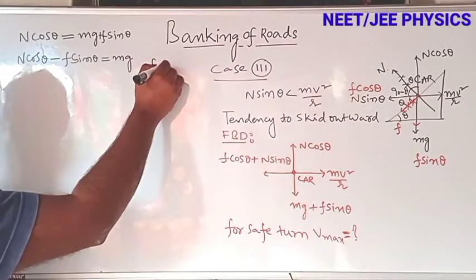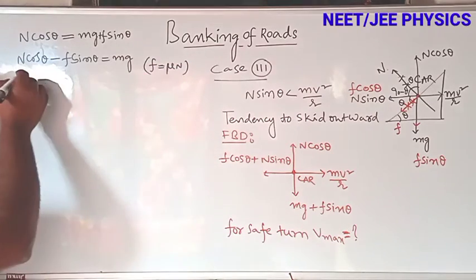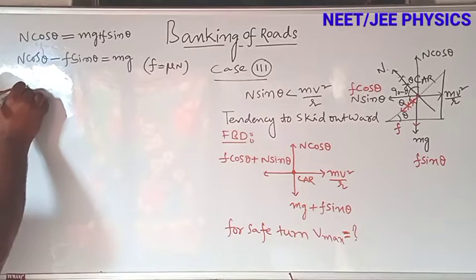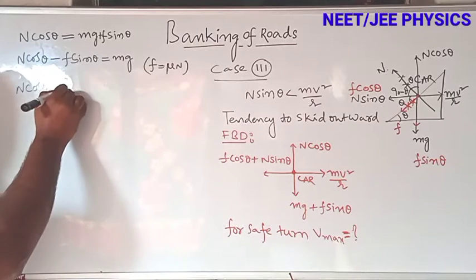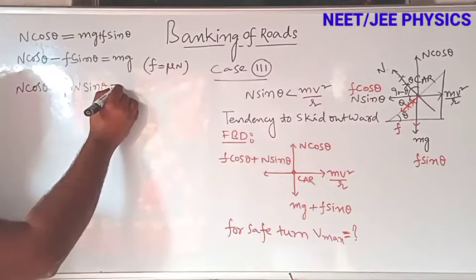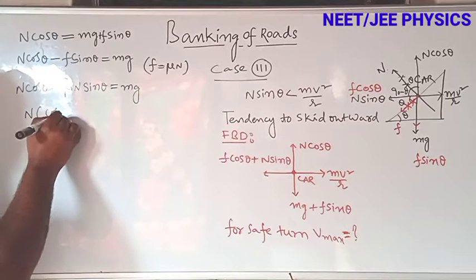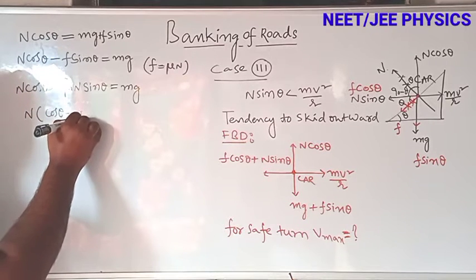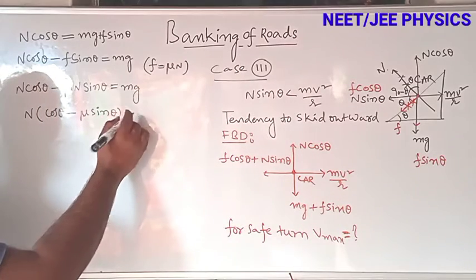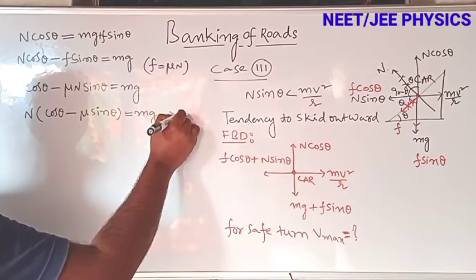We know that the frictional force F equals mu N. I am going to substitute this in the equation. N cos theta minus mu N sin theta equals mg. Taking N common, N of cos theta minus mu sin theta equals mg. Let us call this equation 1.